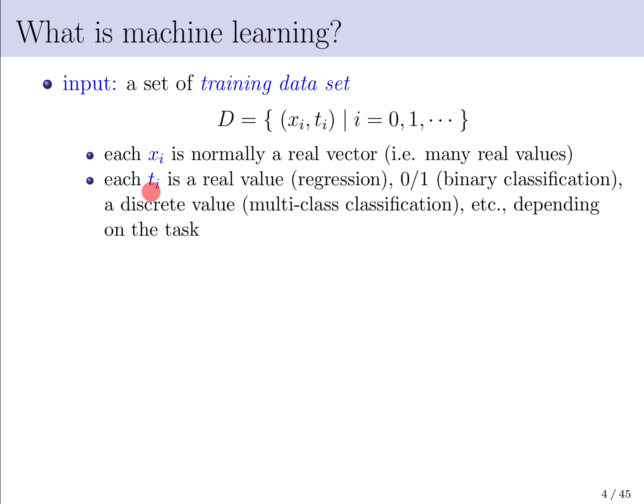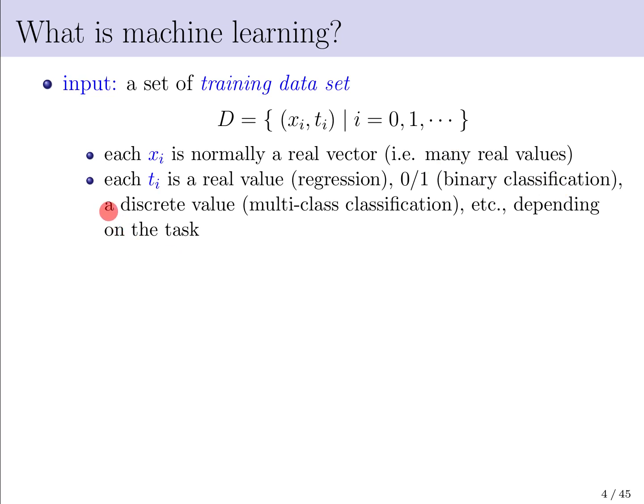Each ti, the output for this xi, is typically a real value in the case of regression, or a discrete value, 0 or 1, in the case of binary classification, yes or no. For example, this is a spam email, or this is not a spam email.